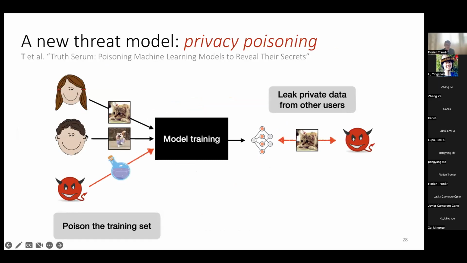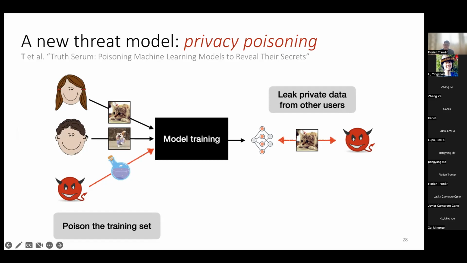What we'll consider is a setting where the adversary can actually interfere with the training of the model. The adversary is going to be able to interfere with the training through poisoning. So the setting here is that the adversary gets to contribute some of its own data to the training set, and they're going to use this ability to later leak private information from other users.